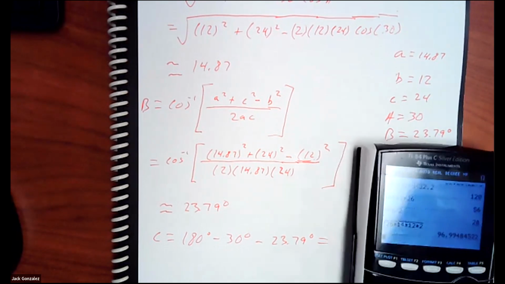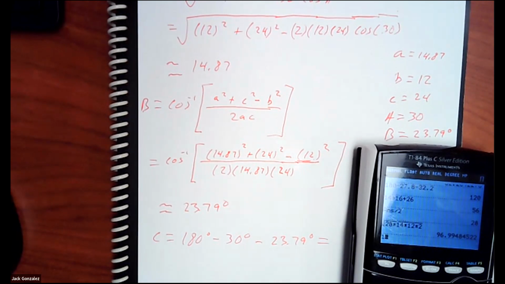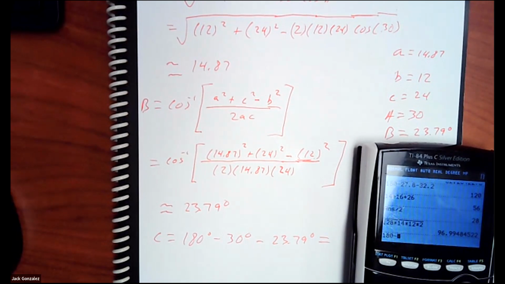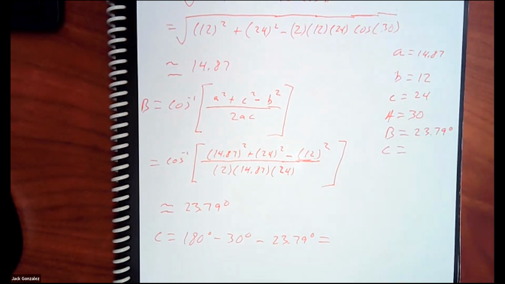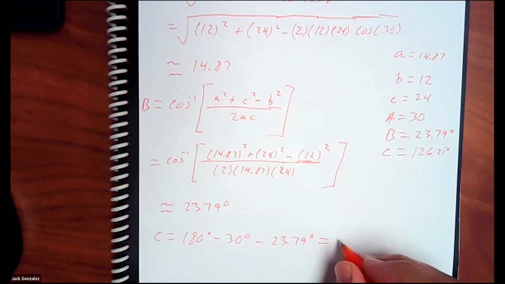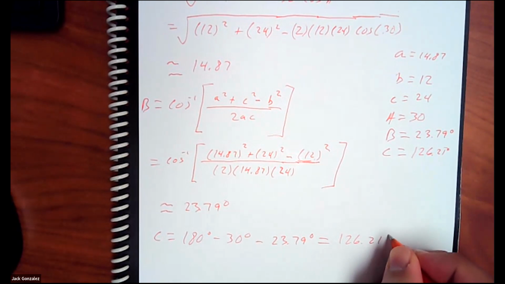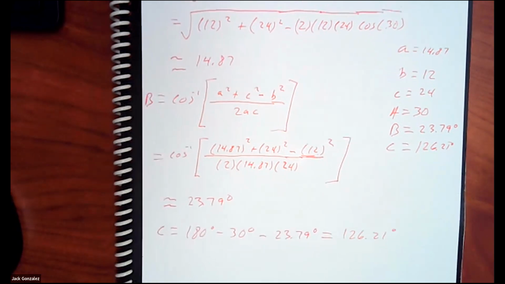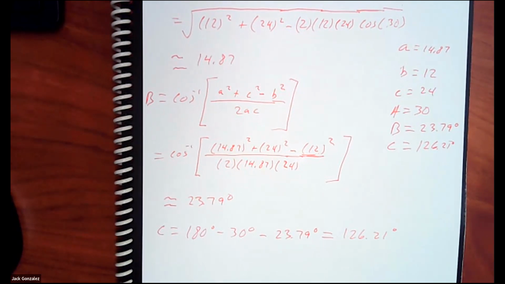Once you have 2, you can always find the third like this. 126.21. Ready? And that's it. All the sides, all the angles. Any questions on the steps? Is that all right?